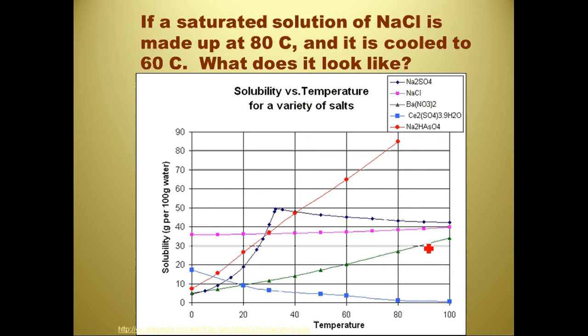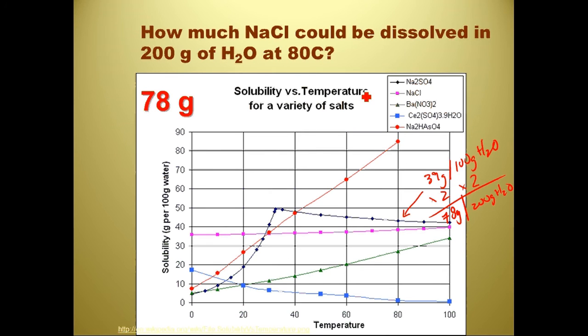Now, if the saturated solution of sodium chloride is made up at 80 degrees Celsius, and it's cooled to 60 degrees Celsius, what does it look like? Now, that's an interesting question, isn't it? So, let's see, at 80 degrees Celsius, we got to set this up. There's 2 actual things to do.